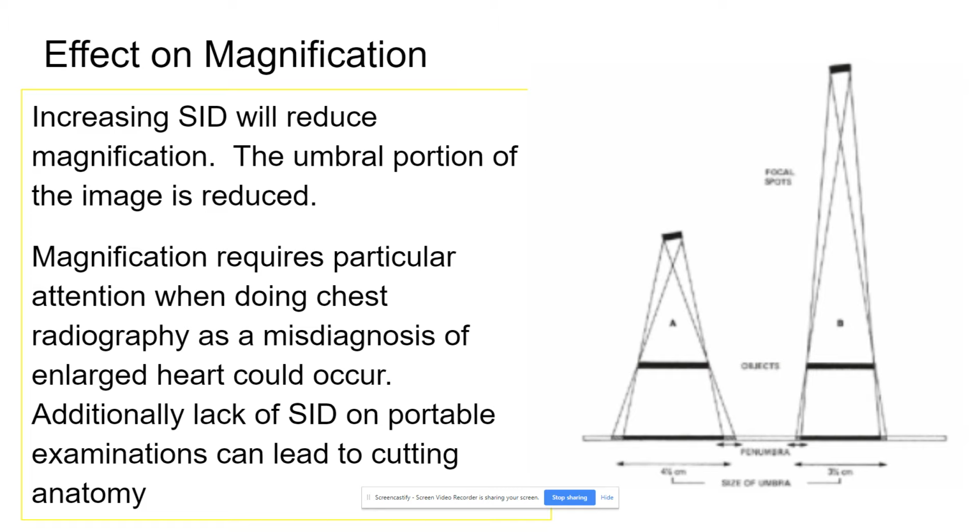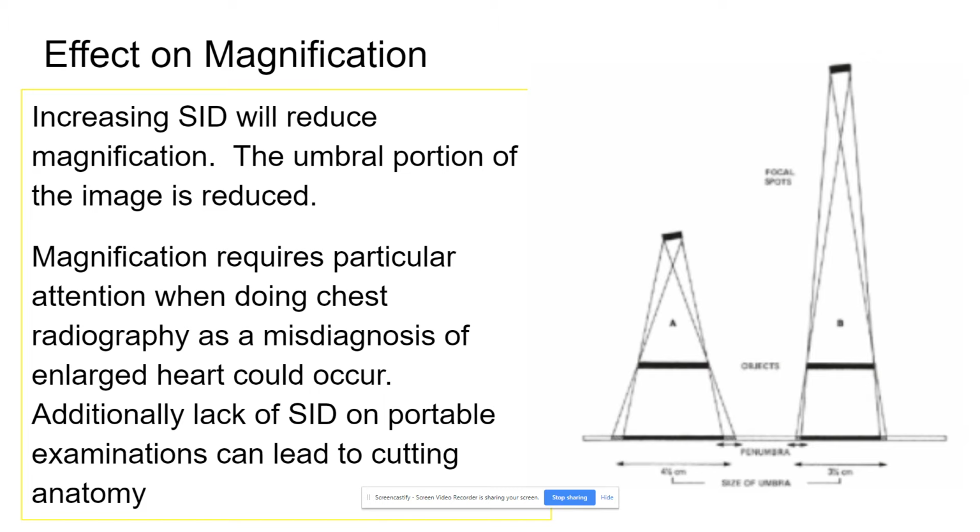You might get somewhere around 48, 50 inches. You know, maybe the bed goes down or the stretcher goes down. You can kind of try to extend things at both ends. But that's what you should do because you will minimize the magnification and you'll have less chance of cutting anatomy on a chest x-ray. Sometimes no matter what you do, you cut. And that's just the way it is sometimes.